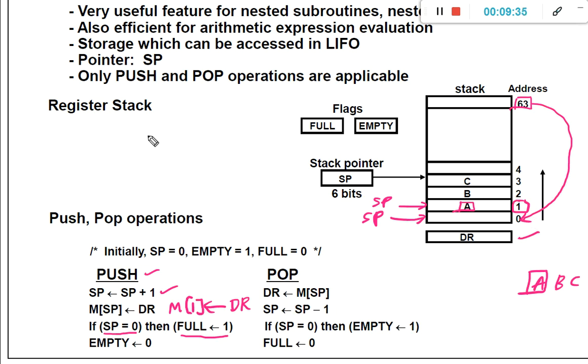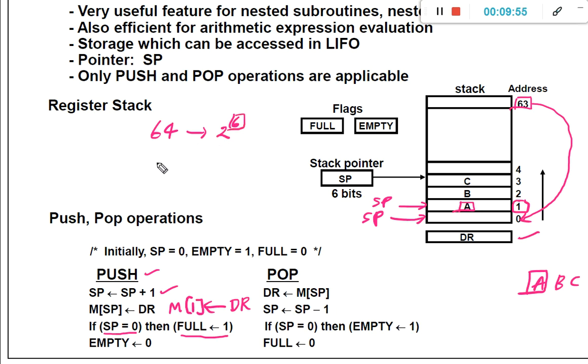How many bits do we need to represent 64 registers? We need 2 power 6 bits, because 64 is 2 power 6. We need 6 bits.